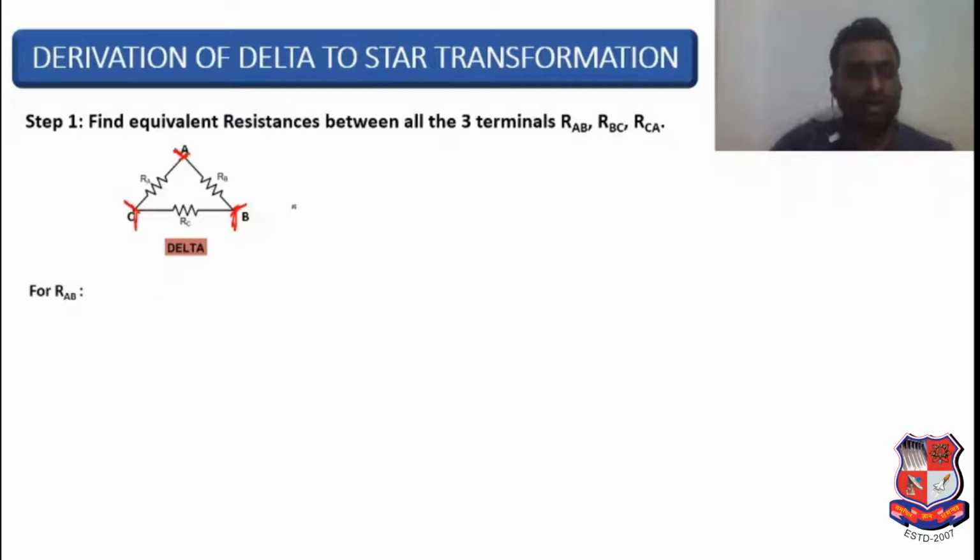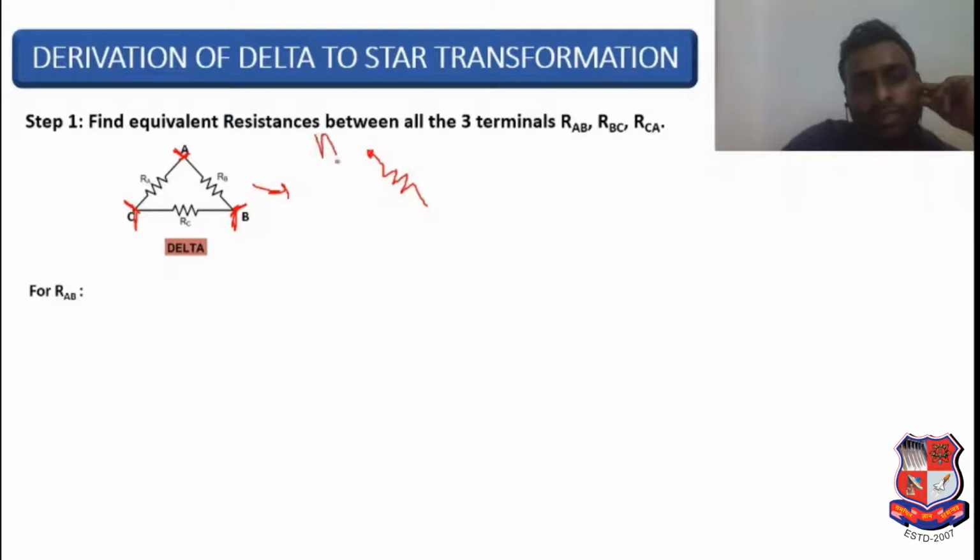So for RAB, what will the circuit be if I redraw it? If we are finding resistance between A and B, this C terminal is of no use now. It means that RA and RC will be in series. So it will look like this.